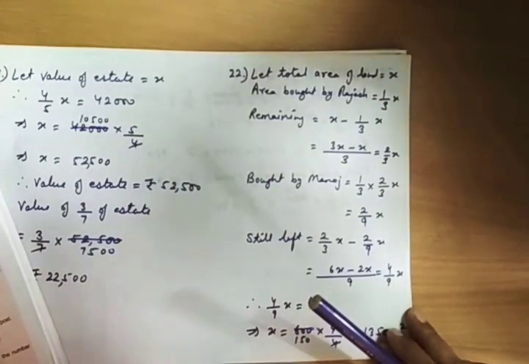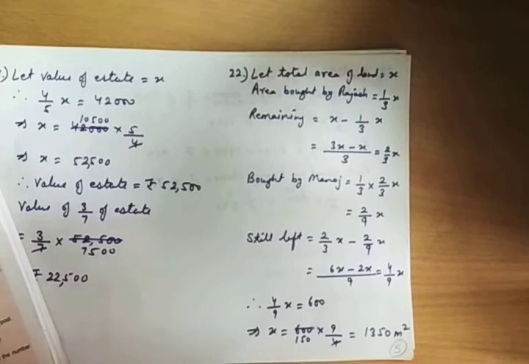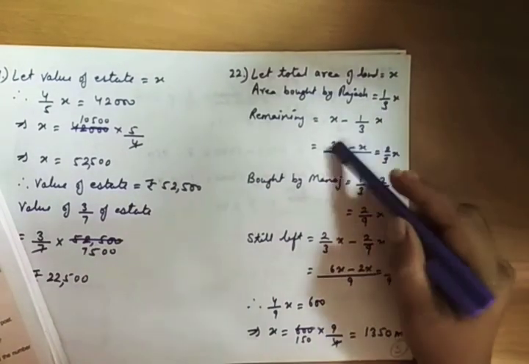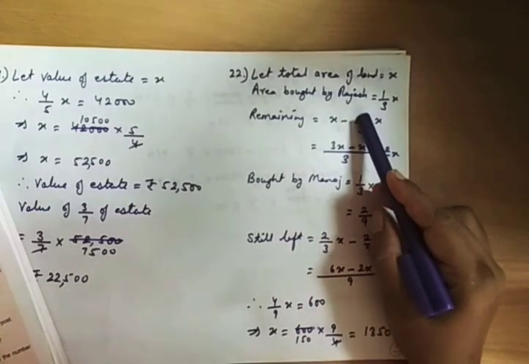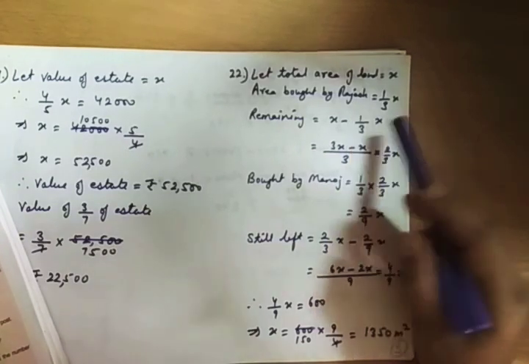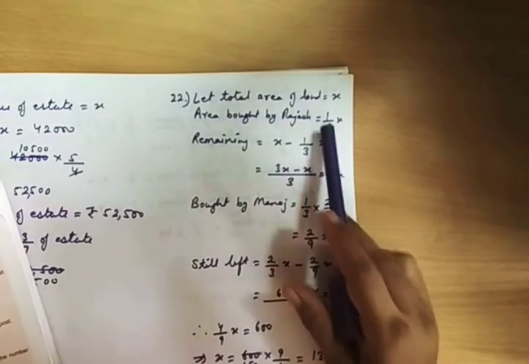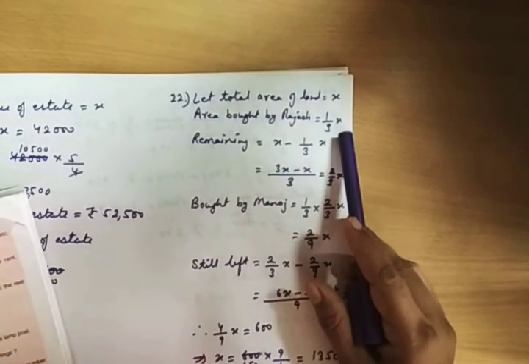from a piece of land, 1/3 is bought by Rajesh and 1/3 of the remaining is bought by Manoj. So let the total area of land be X. It is given in the question that 1/3 is bought by Rajesh, so the area bought by Rajesh will be 1/3 of X, that means 1/3X.